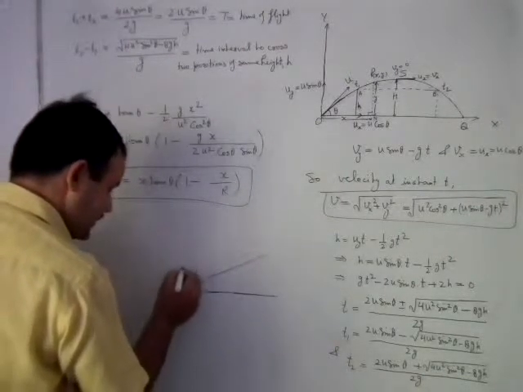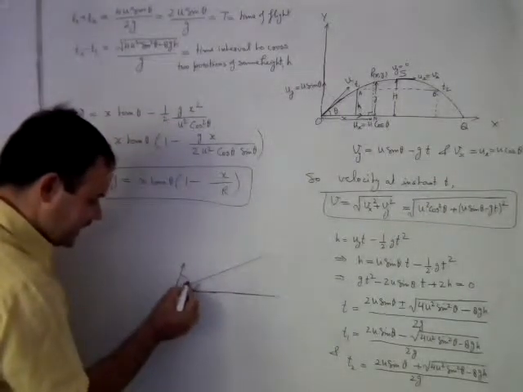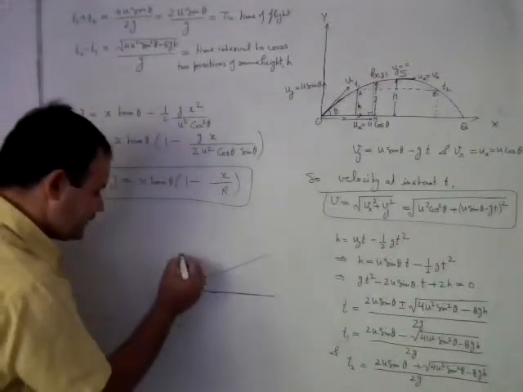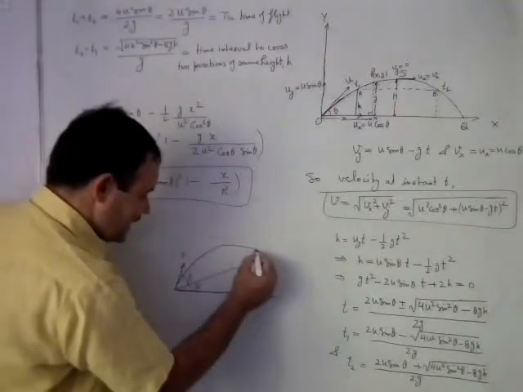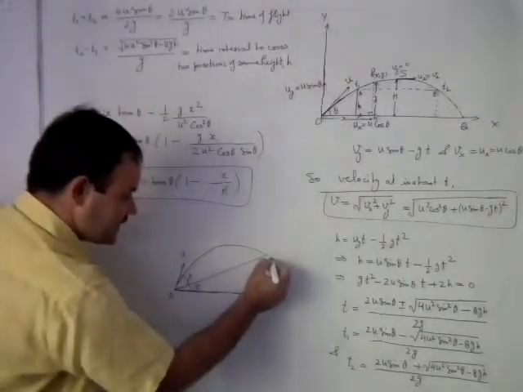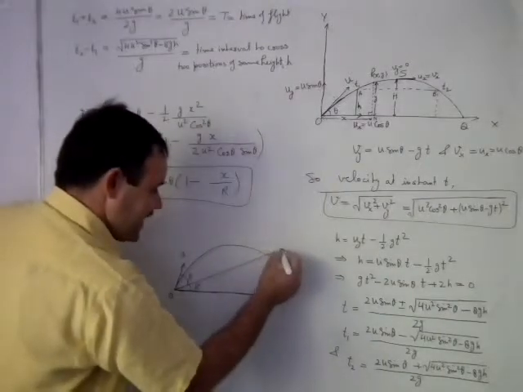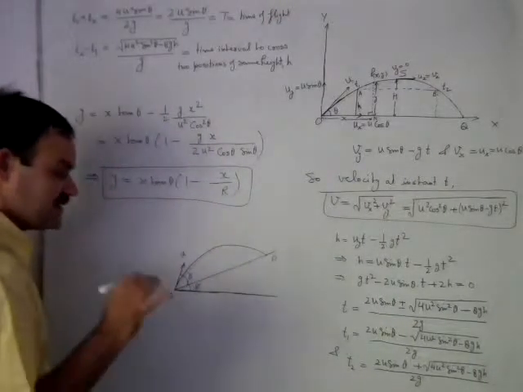Here the projectile is thrown at angle theta with the inclined plane with the speed u, and say the projectile hits the plane at this point P, starting from the starting point. Then these two motions can be dealt with in two ways.